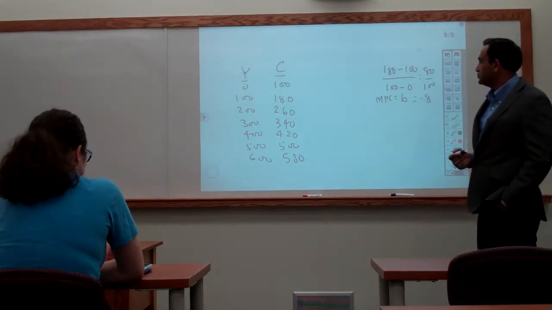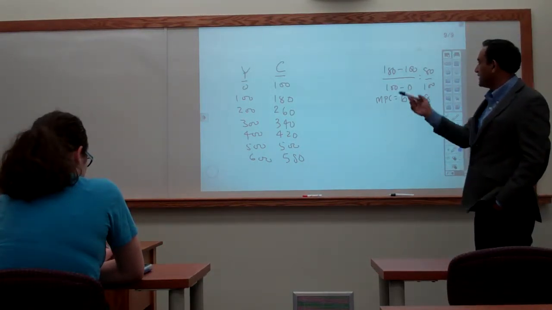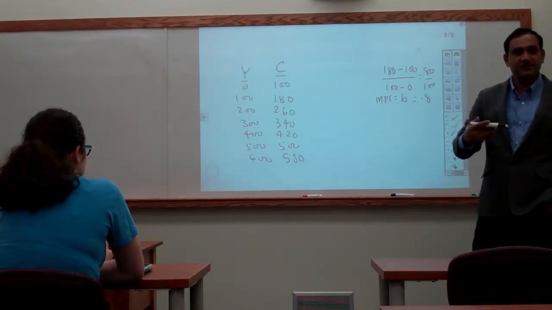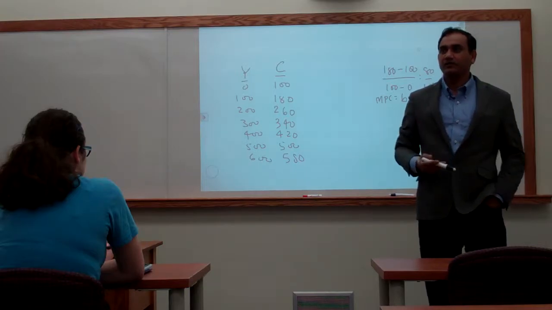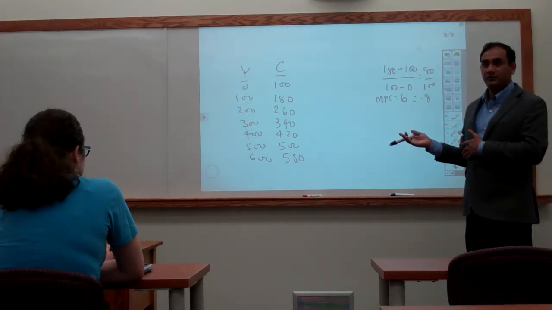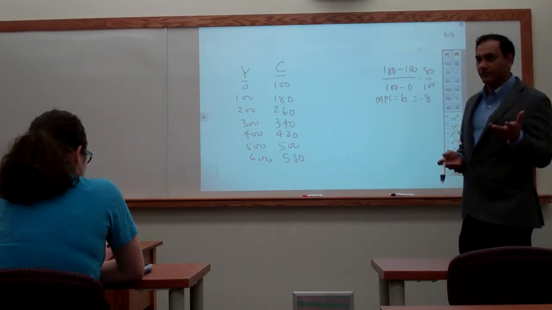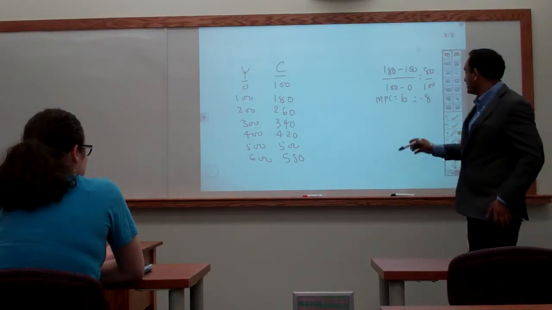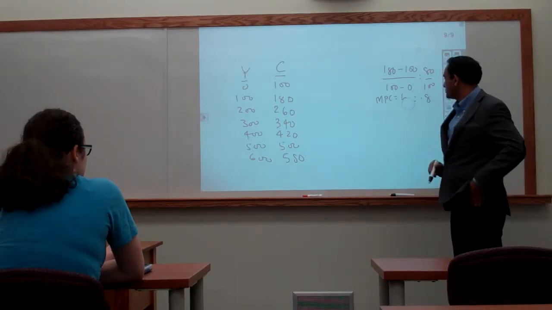So, how would you write the consumption function? You know the generic form of the consumption function is C equals A plus B times Y. So the first thing you would do is try to calculate the slope, or that might be the second thing after identifying A. But we have already calculated the slope. You know how to calculate slope. So you identified B. B is 0.8.